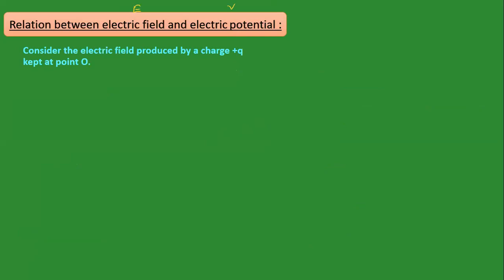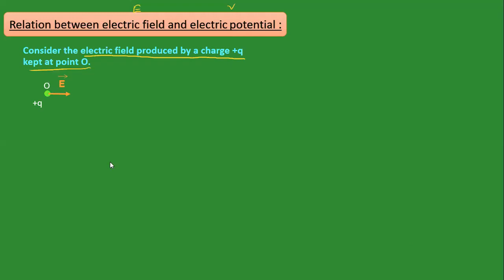So we consider the electric field produced by charge plus Q kept at point O. Now we consider a diagram. So this is the point O. At that point O, we have to place a plus Q charge. And this is the direction of electric intensity. Electric intensity is directed away from this positive charge.